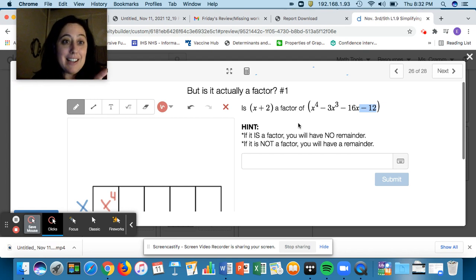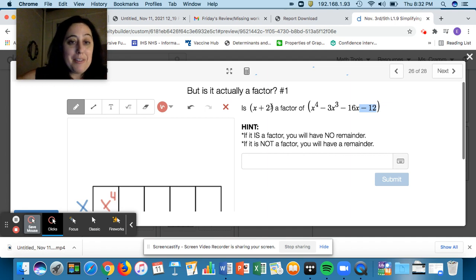If I get any other number other than a negative 12 in the bottom right hand corner of this box, then x plus 2 is not a factor. That means it's got a remainder. I think in some of the lessons you've heard remainder theorem. So if I've got additional numbers beyond negative 12, then I've got a remainder here, which means x plus 2 is not a factor.